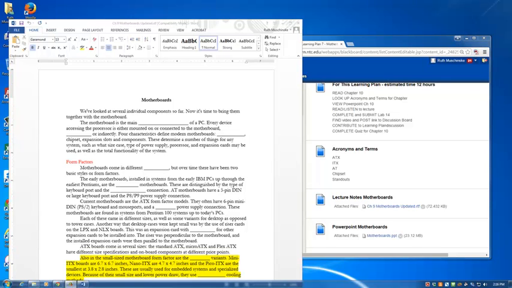Nano ITX are 4.7 by 4.7 inches, and the Pico ITX boards are the smallest at 3.8 by 2.8 inches. These are usually used for embedded systems and specialized devices. Because of their small size and low power draw, they use passive cooling methods.